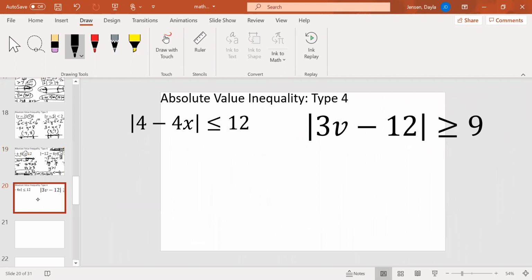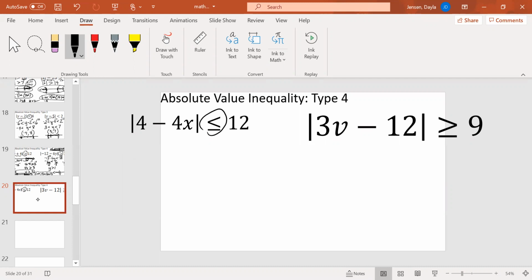I have one more set of examples here. Oh, that font's big, isn't it? So 4 minus 4x. Oh, this one's less than. So that tells me to put it into a compound inequality. Let me try this again. Scoot this over a little bit.